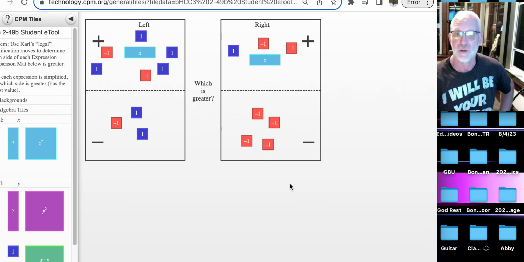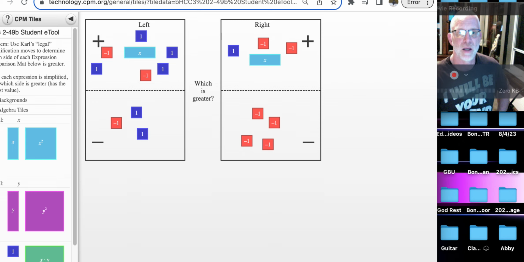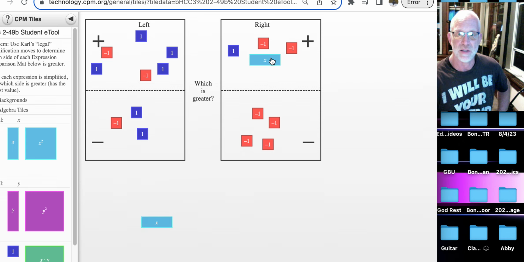I'll hit the student tool, pop it up on the Smart Board, and then we can say, what's going on here? What do I mean in that third rule? Whatever you do to this side, do to this side. Look at this side right here. If you take x off of this side, you can take x off of this side. And if you take a negative 1 off of this side, you can do it off of this side.